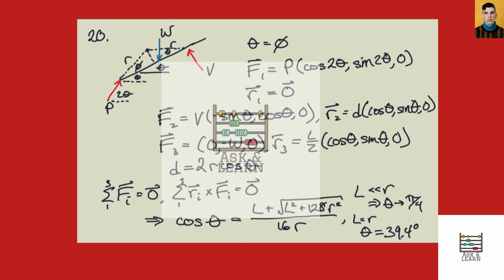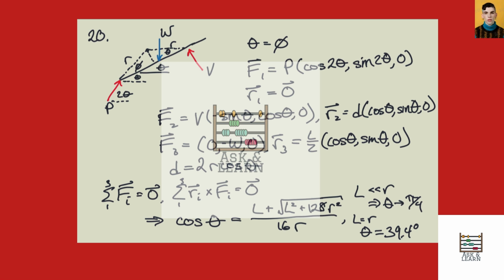And after that, we have all the information we need to just start summing forces and moments. We'll get 3 equations for 3 unknowns. One of those unknowns will be theta. The other 2 will be P and V. I haven't given explicitly what those are here because we aren't given L or R, and the expressions for these are pretty lengthy and not that informative.